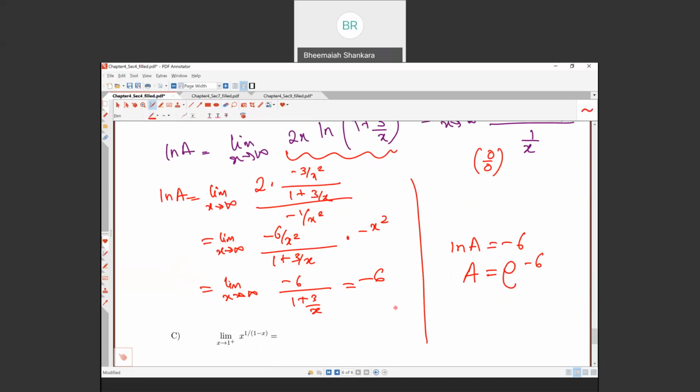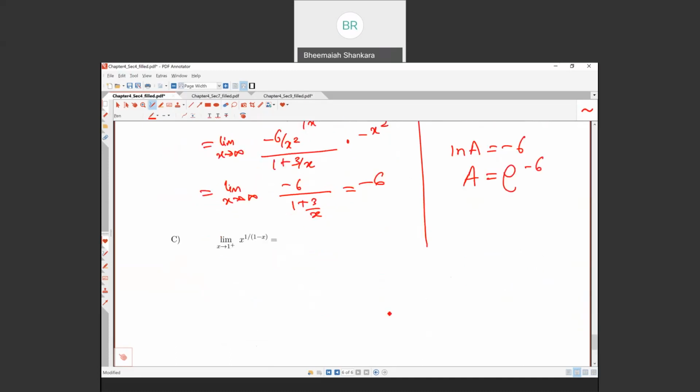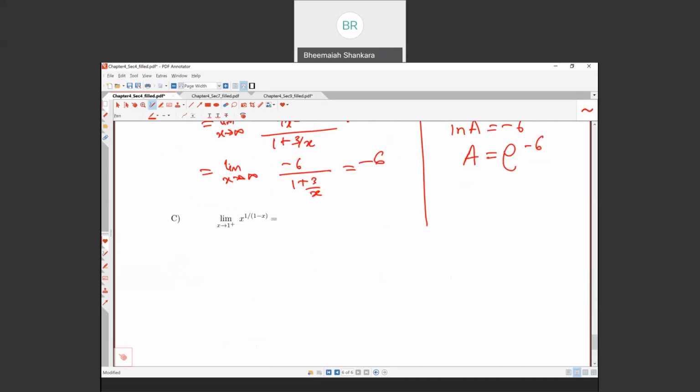One last problem in this section. Limit x approaching 1 plus x to the 1 over 1 minus x. So rewrite the expression as a, write natural log a equal to limit x approaching 1 plus natural log of x to the 1 over 1 minus x. So this is limit x approaching 1 plus ln x divided by 1 minus x.